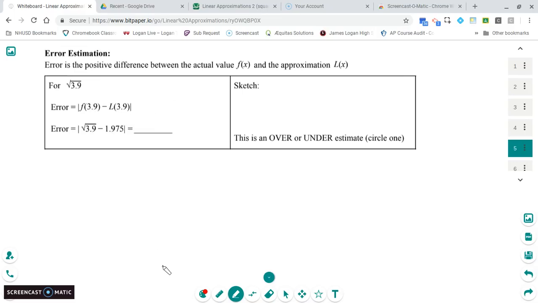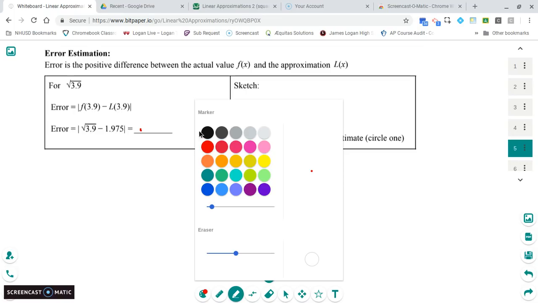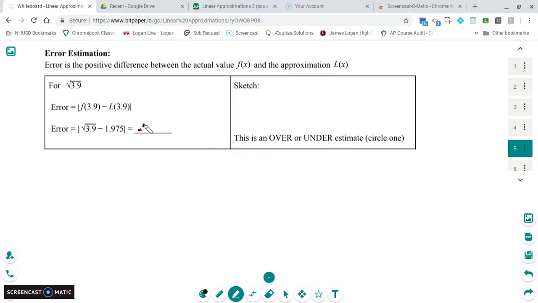So if I calculate that on the calculator, I get a difference which is about 0.0001581. Remember those 3 decimal places of accuracy? That's pretty darn accurate. It's exactly what we were looking for.